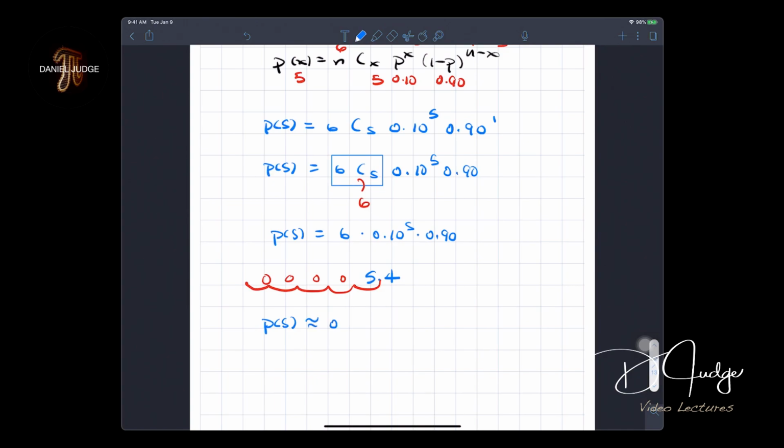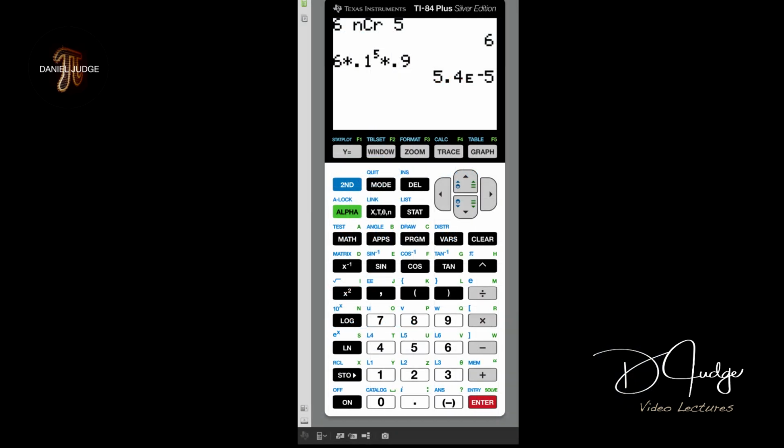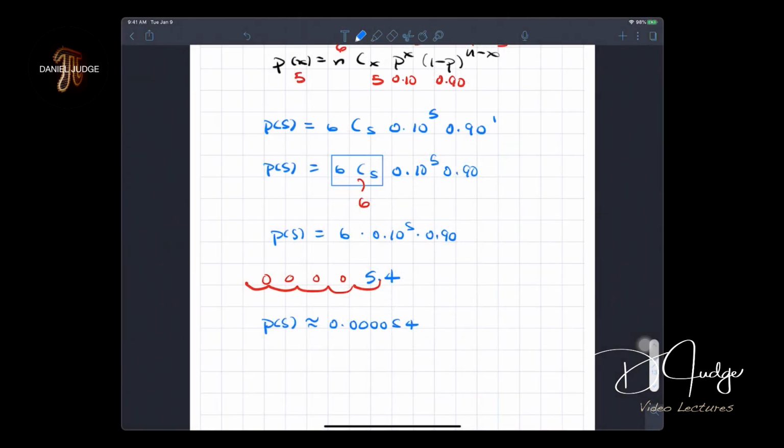Put this whole answer down: 4 zeros, and then a 5, 4, because my answer's in scientific notation, right? This is going to be the value for P of 5.